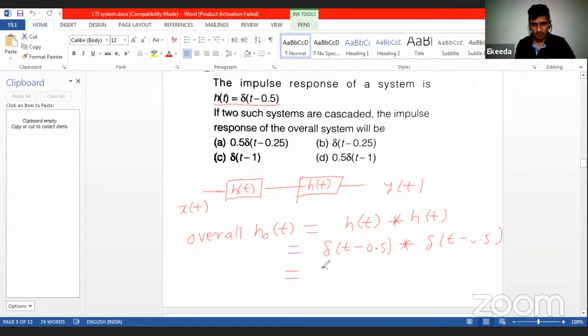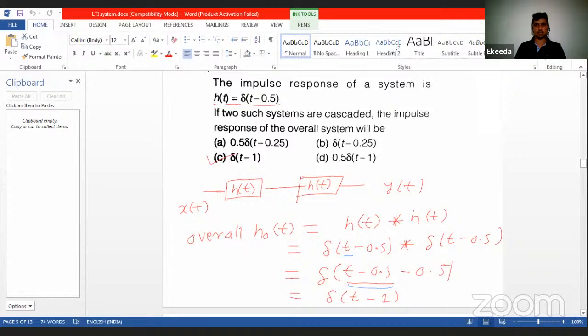You just put T minus 0.5 equal to this T, so this T is displaced by T minus 0.5, and the other remains the same as it is. So the overall output will be both added. This is the property of the convolution. So the answer will be C.